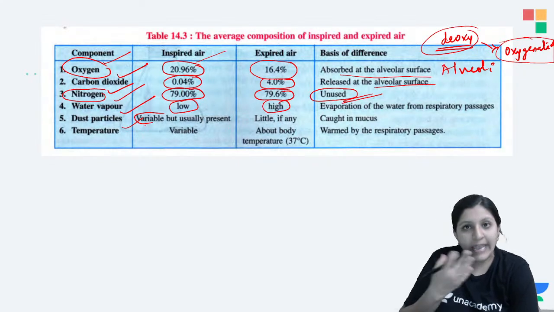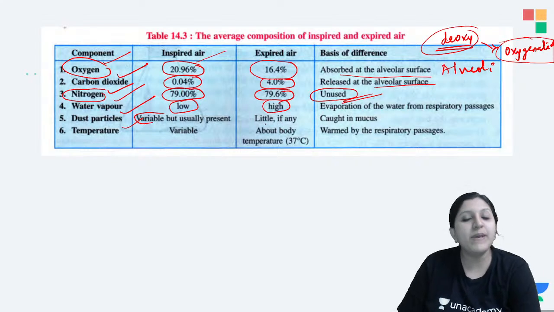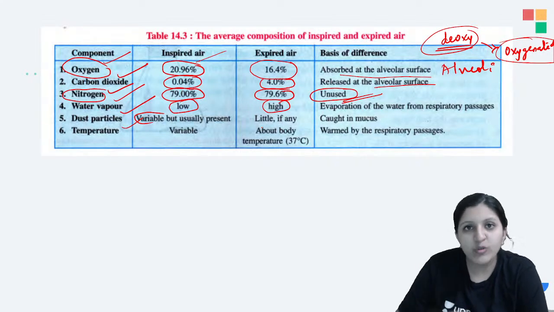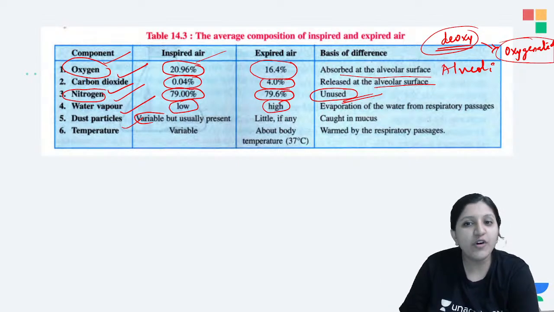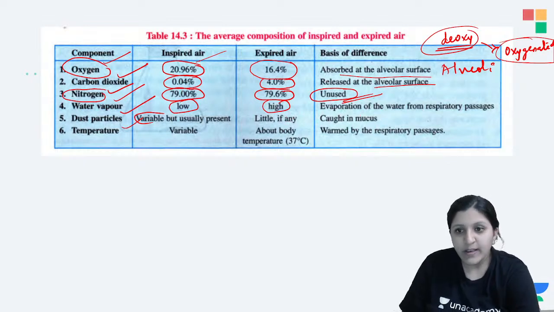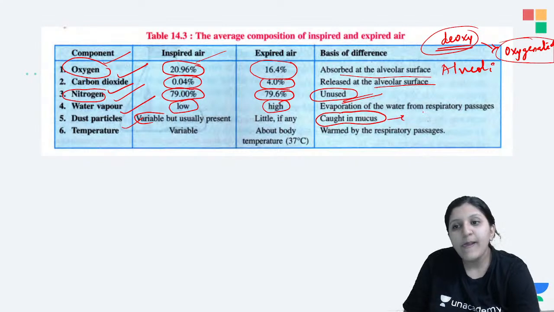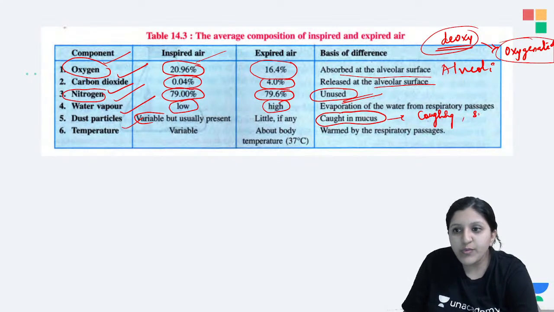If you had inhaled more dust, then there can be a little amount, or maybe through the sneezing or coughing action, the dust will be removed. So a little amount of dust we can find with respect to the expired air. This can get caught in the mucus, and then by coughing or by sneezing, it will be thrown out of the body.